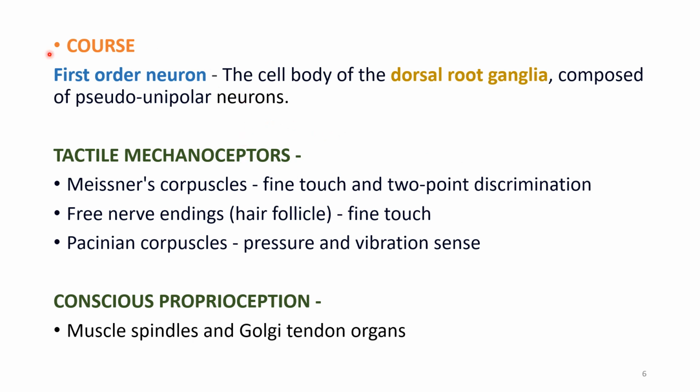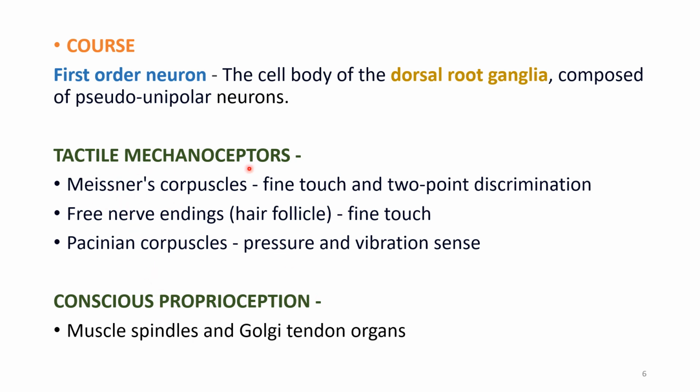So we are talking about posterior column medial lemniscus pathway. So the first order neuron, the cell body lies in the dorsal root ganglia, and it is an example of pseudo-unipolar neuron.